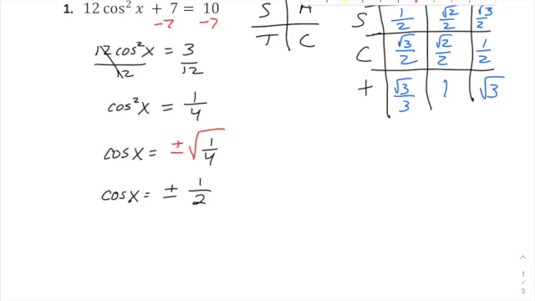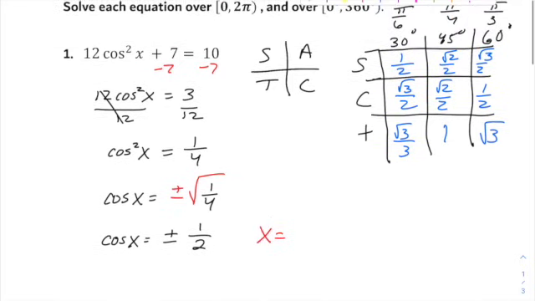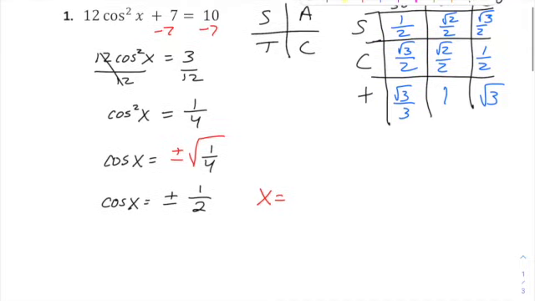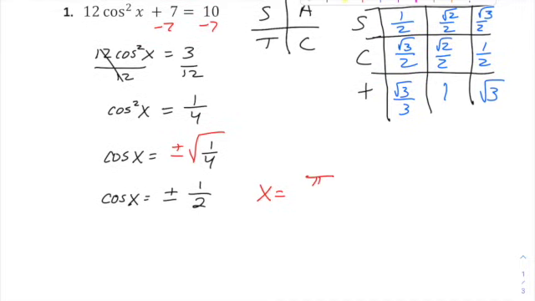So our final solutions are all the angles that have a reference angle of pi over 3, right? That would be pi over 3 in quadrant 1, 2 pi over 3 in quadrant 2, 1 less than the denominator, 4 pi over 3 in quadrant 3, 1 bigger than the denominator, and 5 pi over 3 in quadrant 4, double the denominator minus 1.